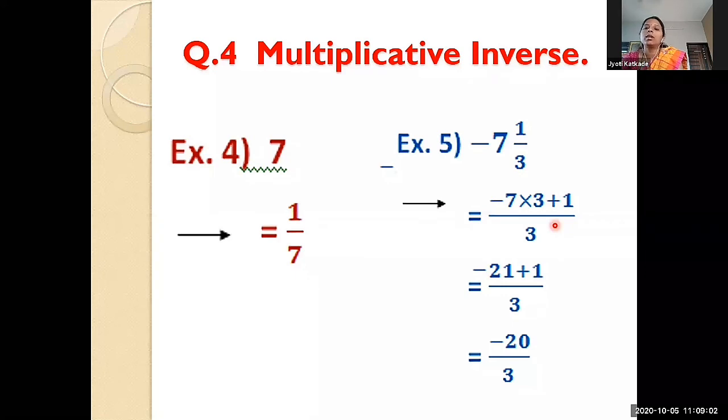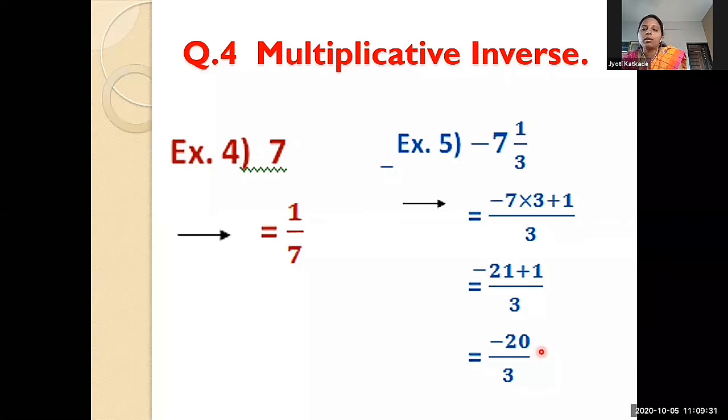So we get -7 into 3. 7 3s are 21, but it is minus. Okay, -21 plus 1, divided by 3. When there is -21 plus 1, do the subtraction, we get -20/3.